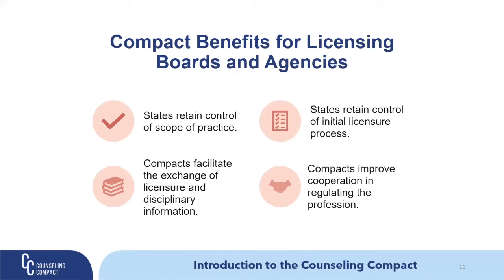The compact doesn't interfere with that. And so practitioners are asked to make sure they're aware of what those restrictions are in the scope of practice. Next, states will still retain control of that initial licensure process, that first license that a counselor gets. That's something that will still be issued by a state.